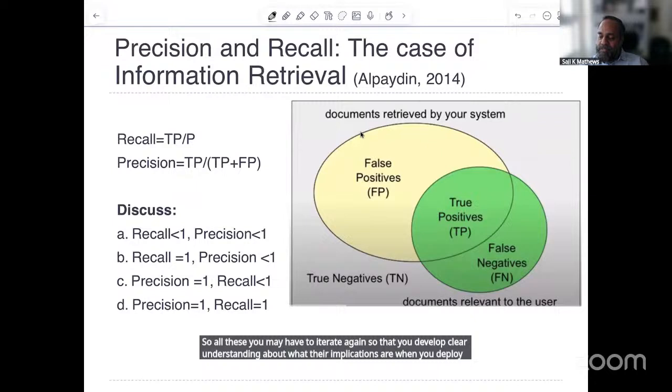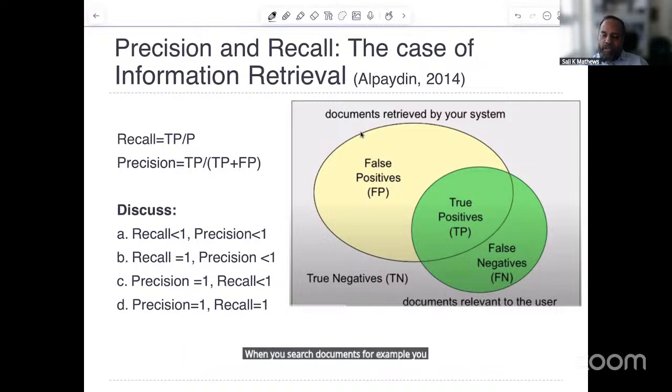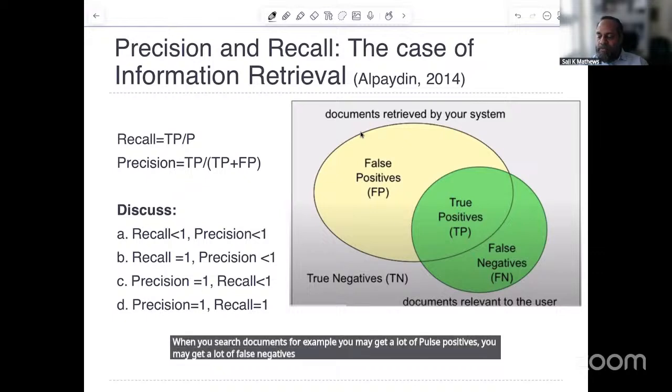And this instance of information retrieval, which is an application of data mining for search, when you search documents, for example, you may get a lot of false positives, you may get a lot of false negatives. So therefore, it has implications for recall and precision. Okay? And effort, basically, there is cost for every error.